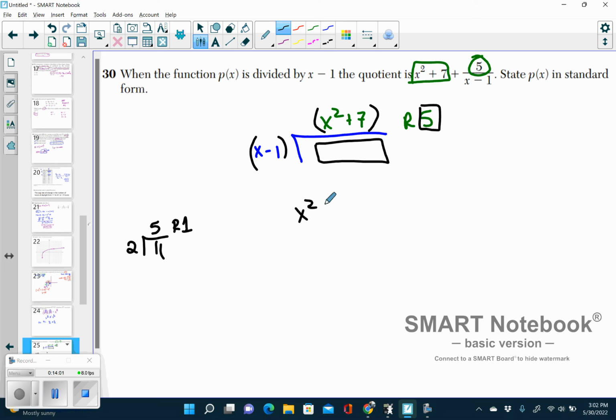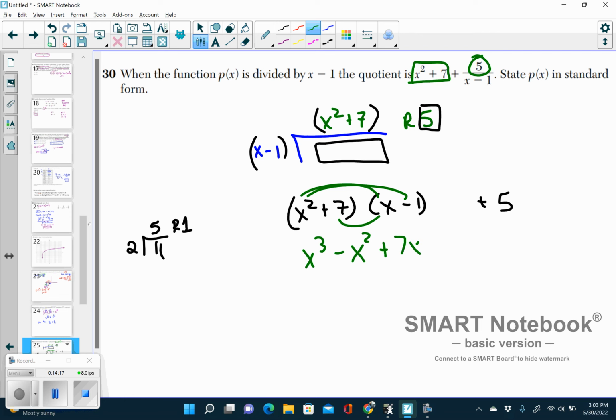So let's do that. x squared plus 7 times x minus 1, and then I have to remember to add 5 at the end. So let's go ahead and do that. x to the third, that's negative x squared. This is plus 7x, and this is minus 7.